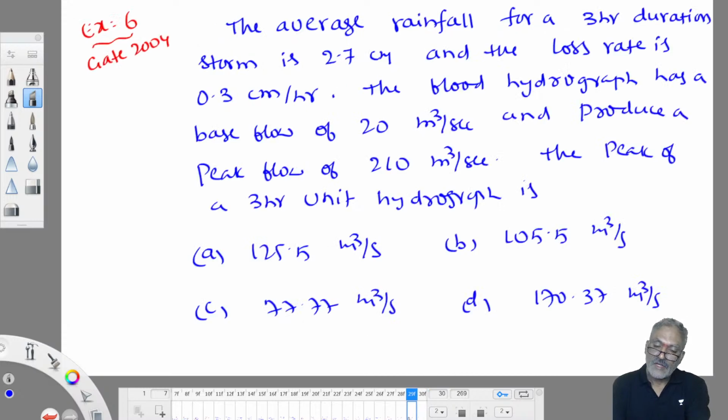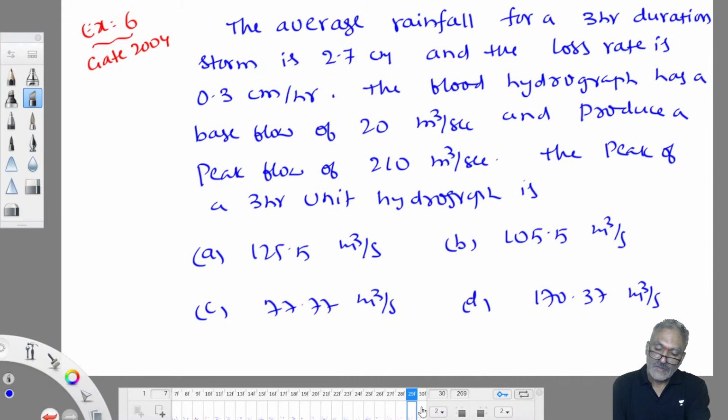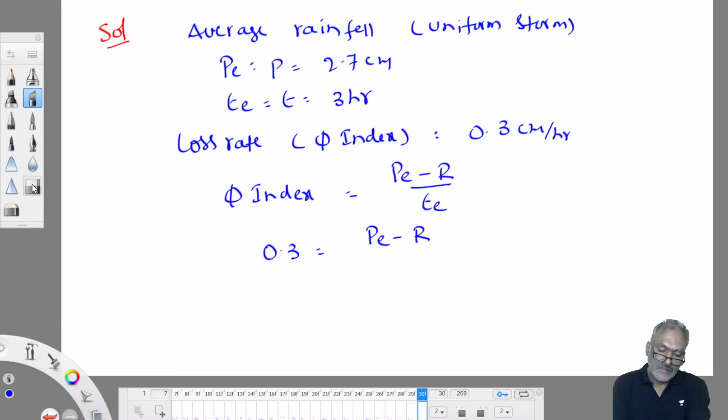And what is given? Loss rate. Loss rate means infiltration rate. Storm loss rate is nothing but the phi index, given as 0.3 centimeter per hour. So once the phi index is known, we can work out the runoff. Phi index is (P minus R) by T. So 0.3 is equal to (2.7 minus R) by 3, where P is 2.7 centimeters and T is 3 hours.